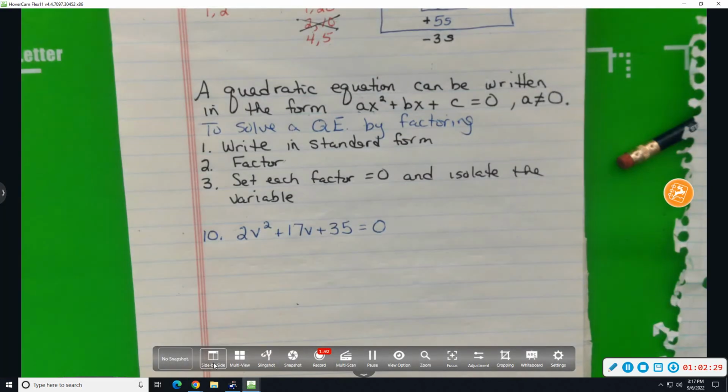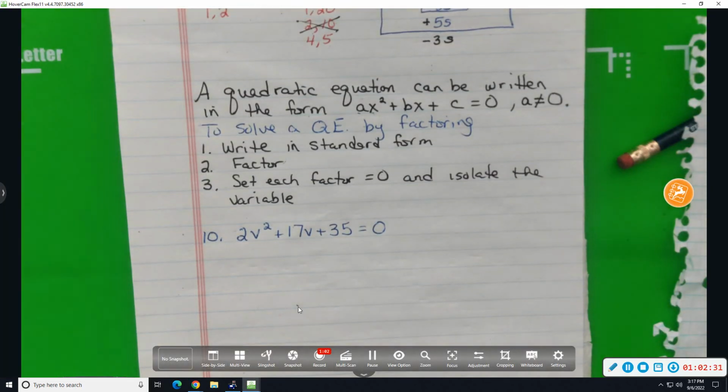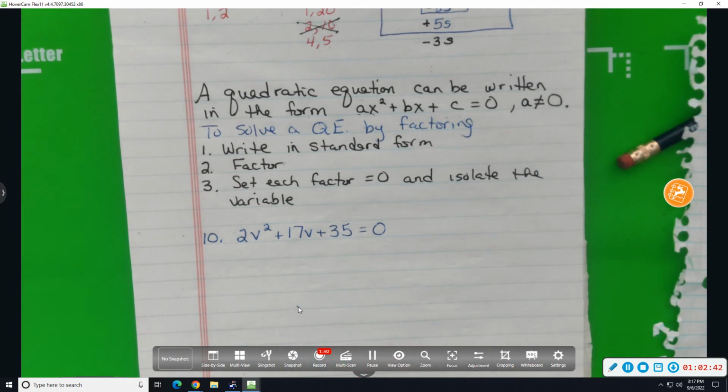Instead of trial and error, some of you may have remembered something where you go 2 times 35 is 70. Then you rewrite the 70 as 7 times 10, replace the 17 with a 7 and a 10, and factor by grouping. If you don't remember doing that, then now is not the time to learn it. Okay? Hopefully, if you view an example, that's not what they do.